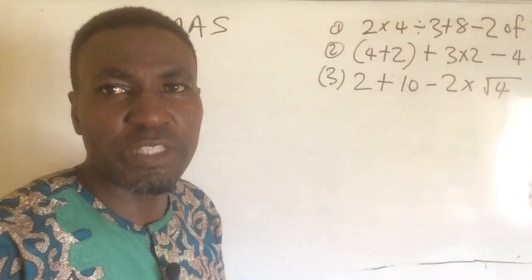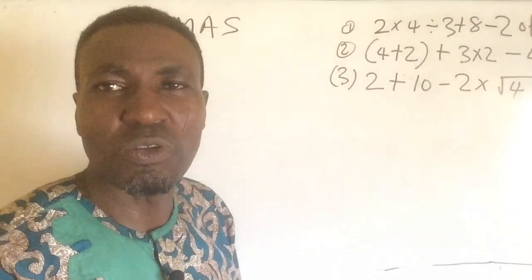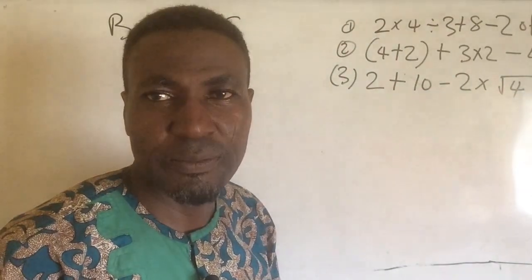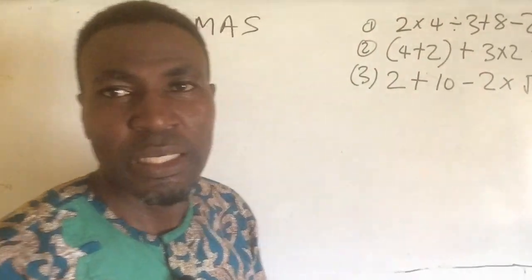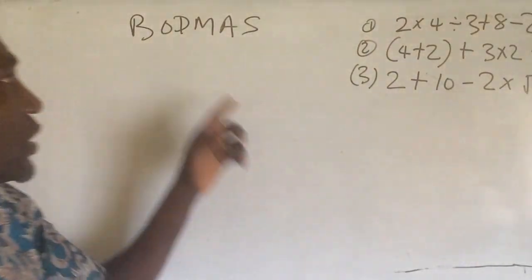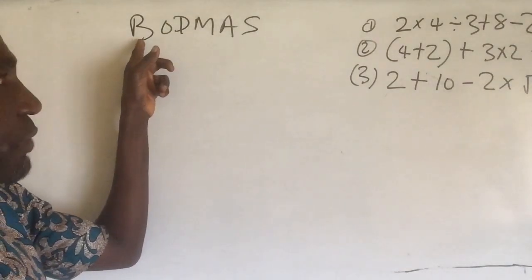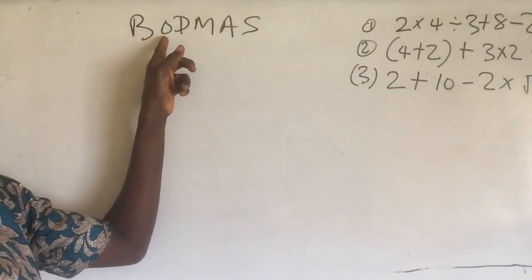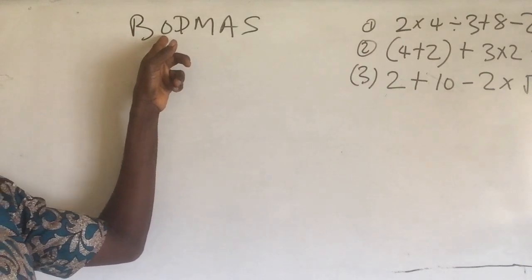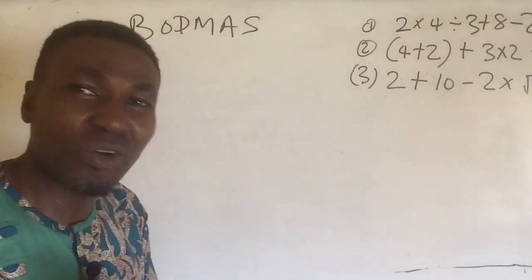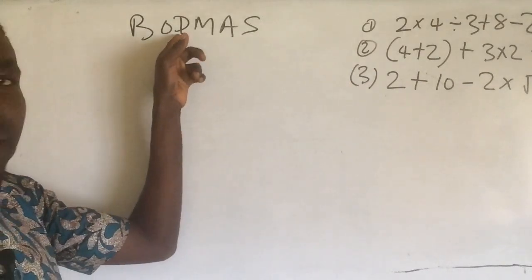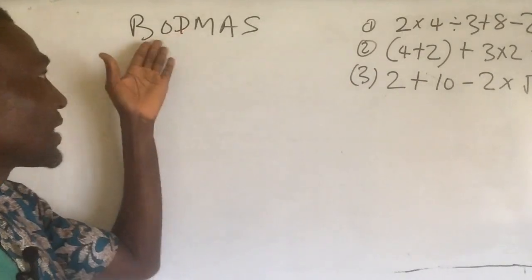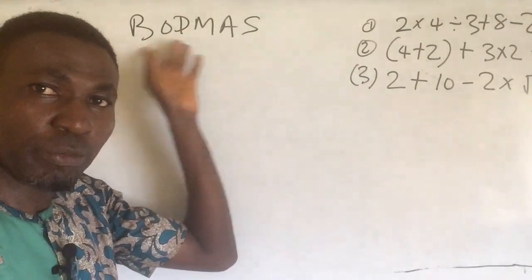So in order to solve this math now, you need to follow what we call BODMAS. In BODMAS, the steps you follow are: B stands for bracket, O stands for others, any other sign that is not in this BODMAS.